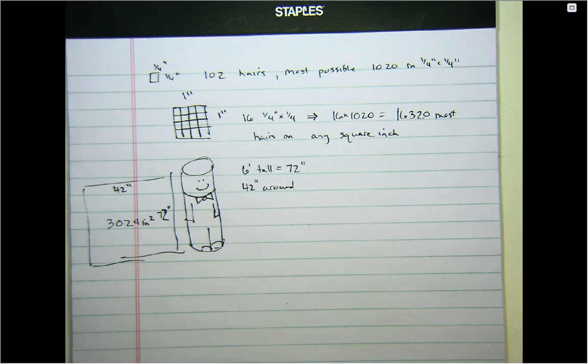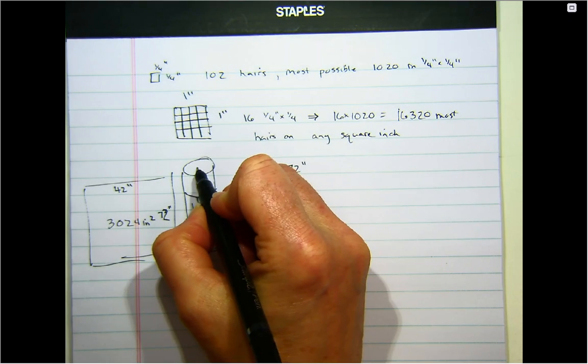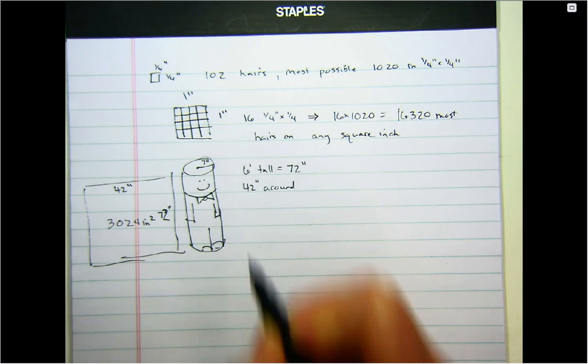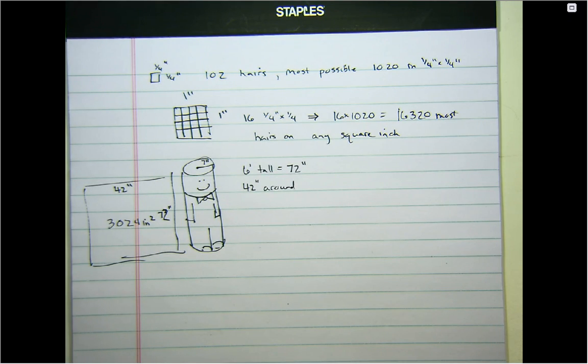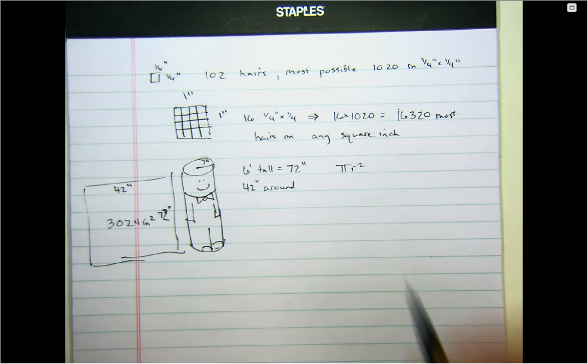So 3,024 square inches around, and then there's the top of the head and the bottom of the feet. So from here to here is about 7 inches, the radius. Does anyone remember the area of a circle formula? Yeah, pi r squared. Did someone have it?